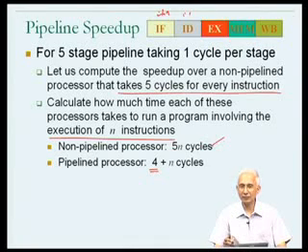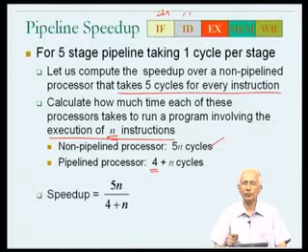However, every cycle after that, if I'm lucky, an instruction will finish execution. Therefore, I can argue that the total number of cycles required to execute a program of n instructions on the pipelined processor will be 4 plus n. So for the first 4 cycles, the pipeline fills up, and for every cycle after that, hopefully, an instruction will finish execution. And therefore, the n instructions will take 4 plus n cycles.